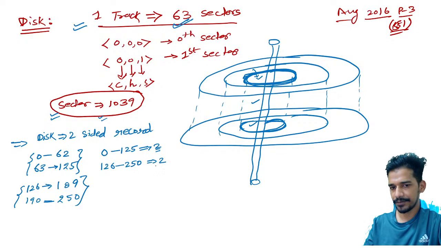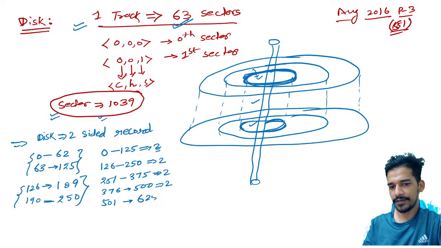Then you will have 251 to 375, then 376 to 500, then 501 to 625, then 626 to 750.